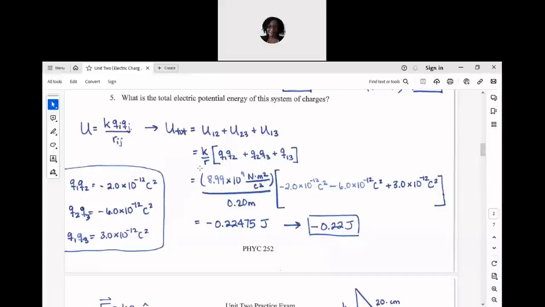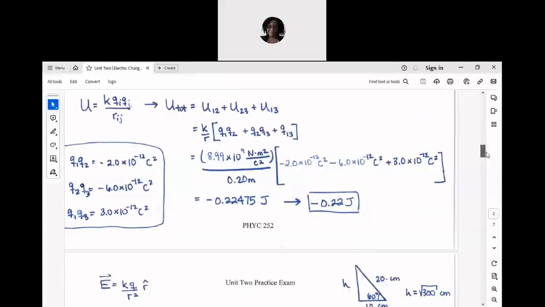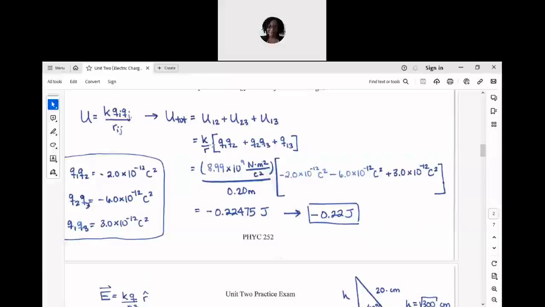Since R is going to be the same for each one, each charge is 20 centimeters away from the other 2. I can pull R out front, and I just have these products, Q1, Q2, Q2, Q3, and then Q1, Q3. Looks like I forgot to write the 2 Q's there, so this should be Q1 times Q3.